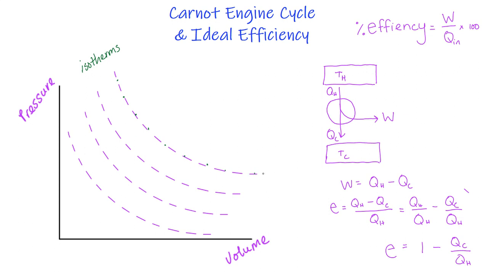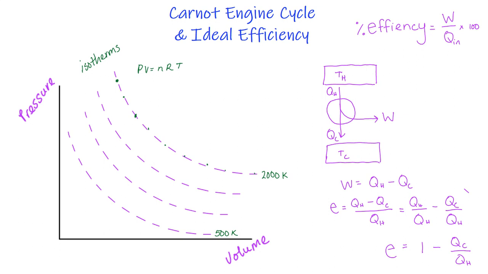So let's say that this is maybe the isotherm that represents 2000 Kelvin, and maybe this isotherm over here represents, I don't know, let's make it 500 Kelvin. So basically what you're saying is every pressure volume coordinate on here would use the ideal gas law to calculate the temperature. All of these have the same PV over RT ratio so that we have the same temperature.